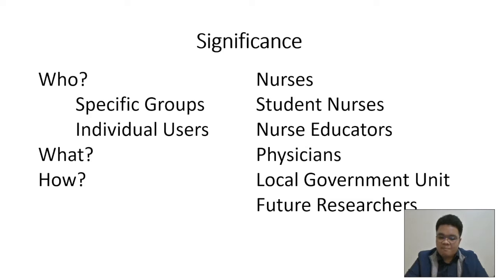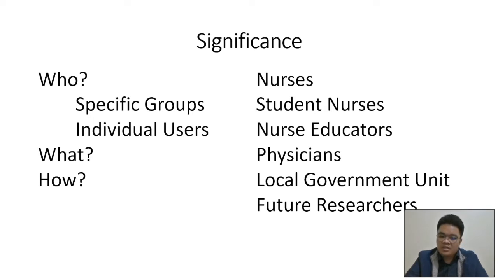Maybe the local government unit, the future researchers, staff nurses, nurse researchers, the mothers of the patients with special conditions, the patients themselves, maybe the hospital administrators, the administrators in the school. So these are the possible population who will be able to benefit from our research.